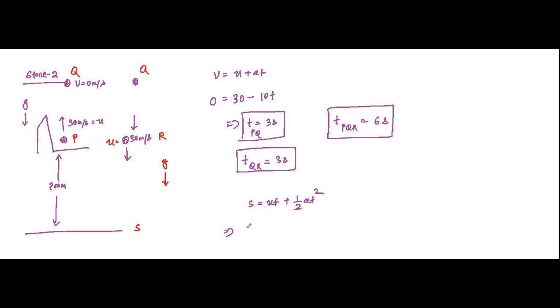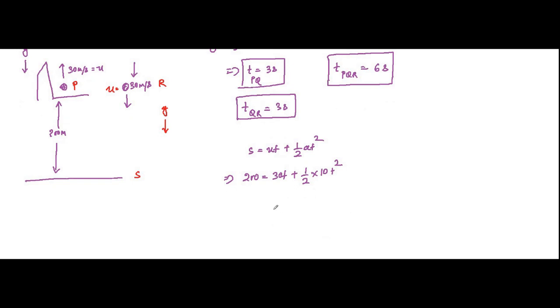S is equal to 200 meters, the height of the cliff. So 200 = 30t, plus g is supporting the motion, so plus ½ into 10 t². So it is 30t + 5t². That implies 5t² + 30t − 200 = 0.